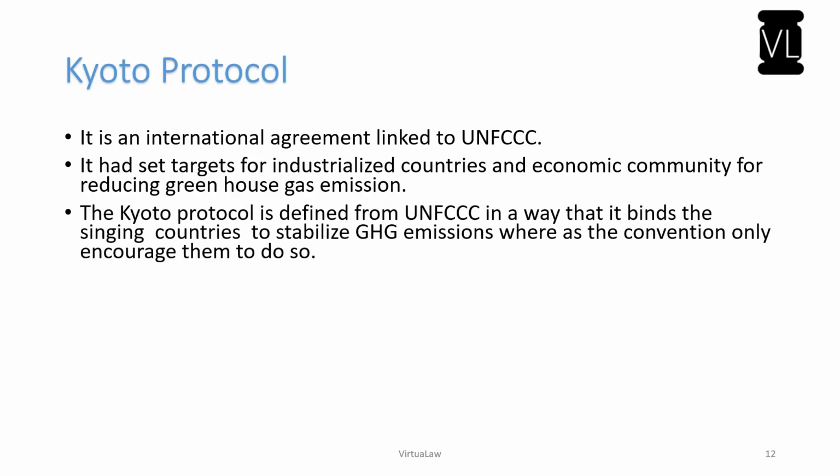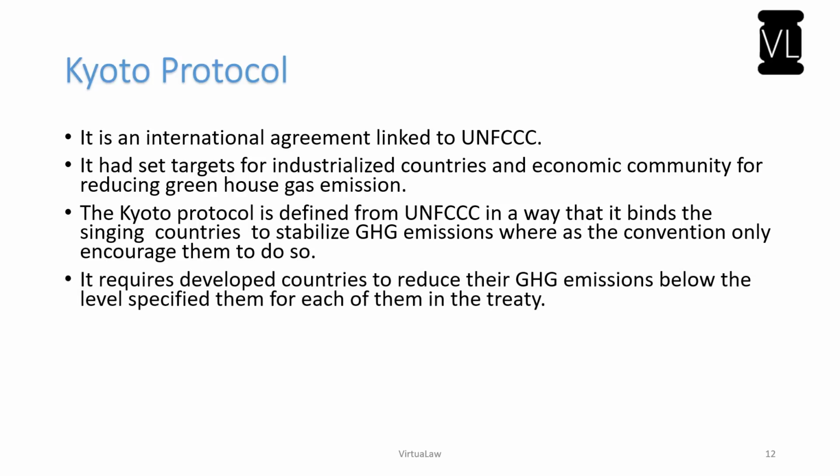It is binding on all the signing countries to stabilize their GHG emissions. The convention basically encourages them, whereas the protocol mandates them to do so. That is the difference between the Kyoto Protocol and UNFCCC. UNFCCC just encourages them to limit their greenhouse gas emissions, whereas the Kyoto Protocol mandates them to ensure they are stabilizing their GHG emissions, right?